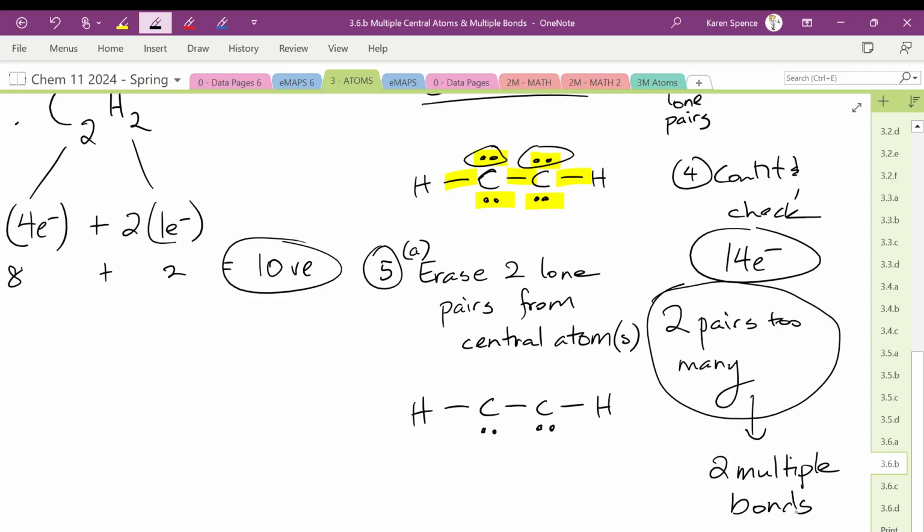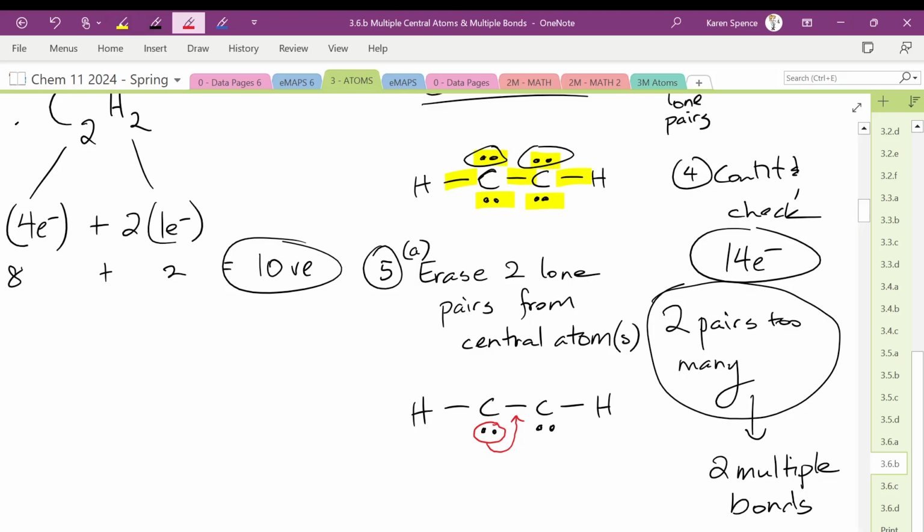Right now, how many electrons does each carbon have? 6. But what if the carbon on the left was really generous and said, oh, I will share with you, my friend? Yes? And we will take that lone pair and change it into a bonding pair.